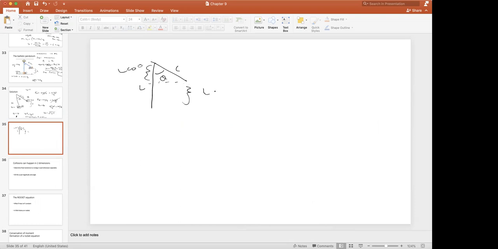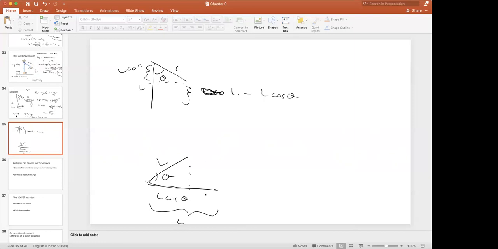So this distance is L minus L cos theta. If that doesn't make sense to you, think about it like this. If I have some angle and this is L, and then if I let it come that way, this part here is L cos theta, and the whole thing is L. So this part right here is L minus L cos theta, which we're saying is h, okay?